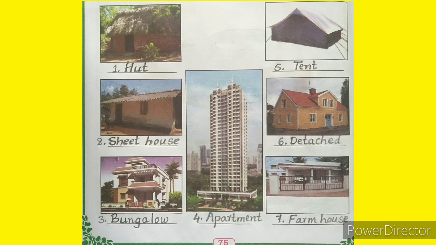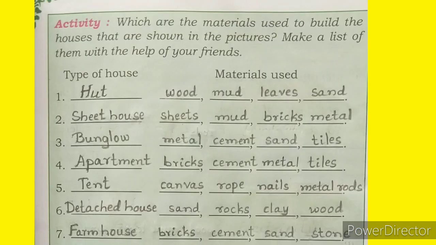Sixth one is detached house. Seventh one is farmhouse. These are different types of houses, and different types of materials are used to build these houses. Okay. There is an activity, so let us complete this activity in your textbook only.